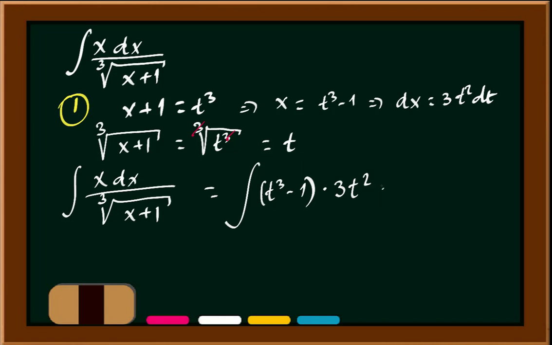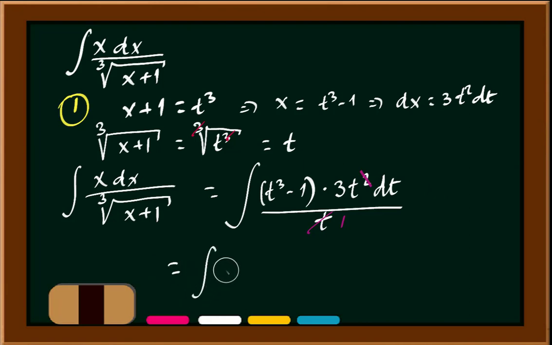Okay, and I have that, and over the cubic root of x plus 1, we found that that's equal to t. So I'm going to simplify here, and the 3t squared becomes 3t, and the t vanishes from the denominator, leaving 1.